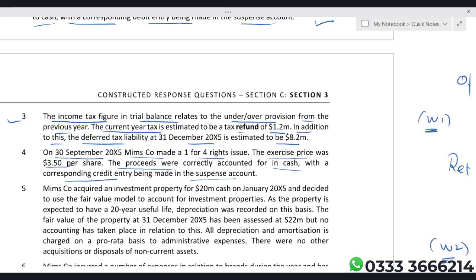So the double entry which the company has made, they have debited the cash and they have simply credited the suspense account. So obviously we have no issue with the debit. We do have the issue with this credit. They should have credited share capital and share premium rather than the suspense account.